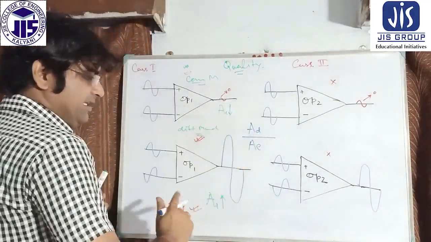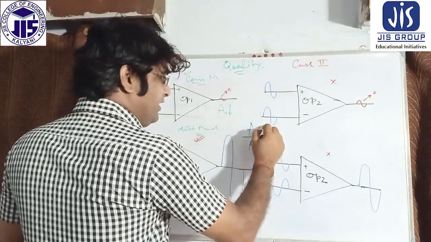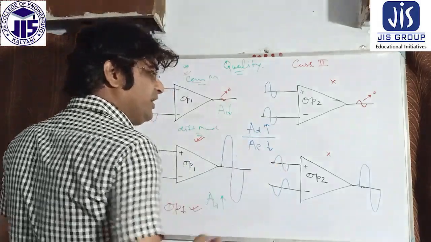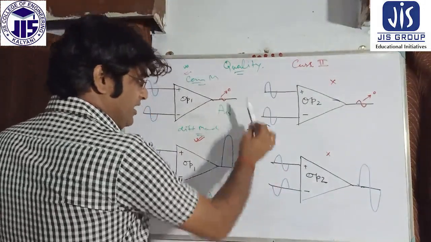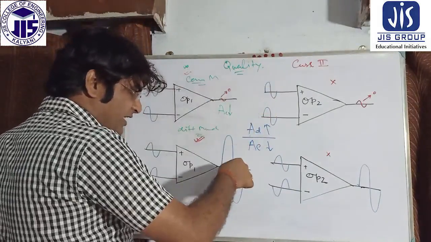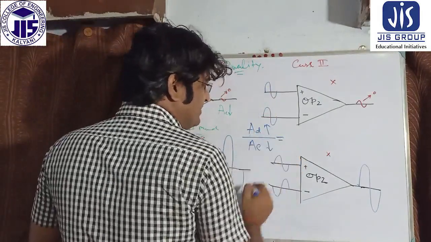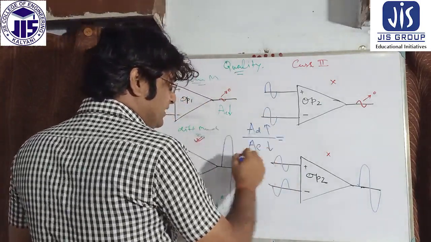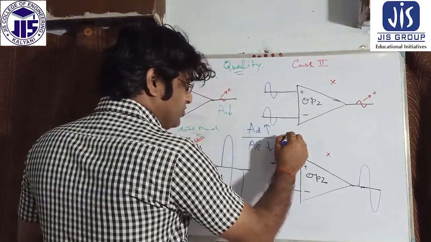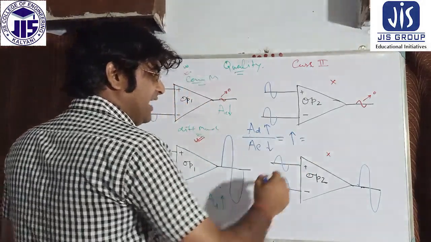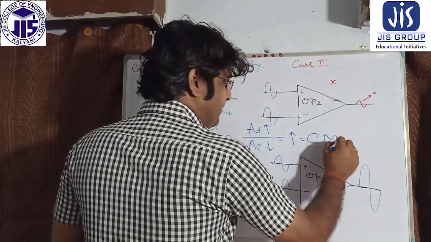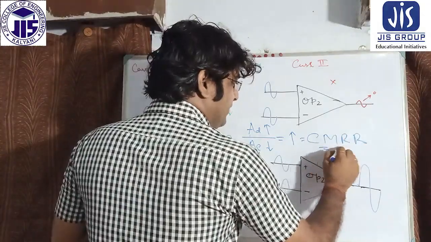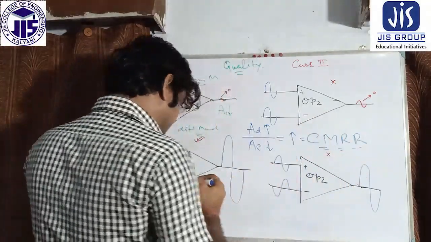AD tends to increase and AC tends to decrease, and for that reason this ratio tends to increase, and this is actually the CMRR, that means the common mode rejection ratio.